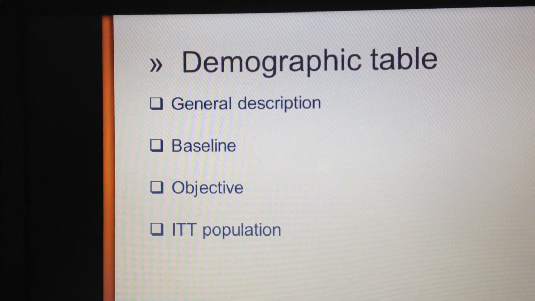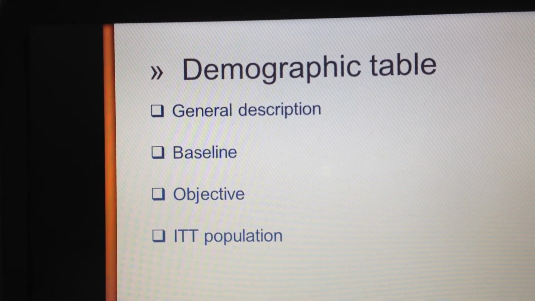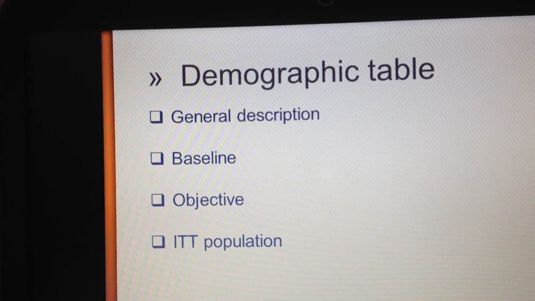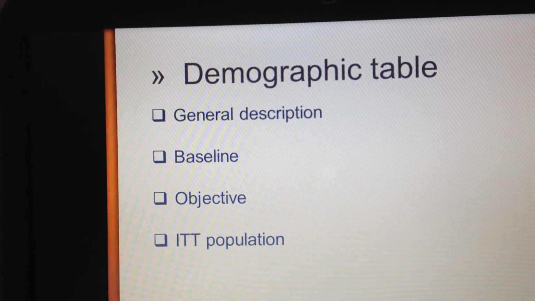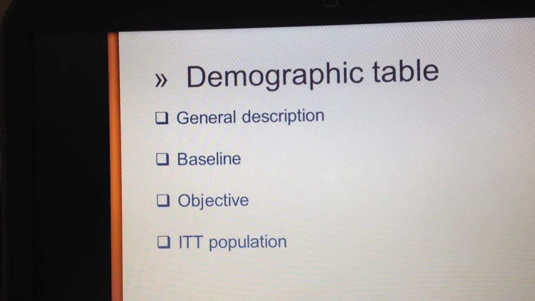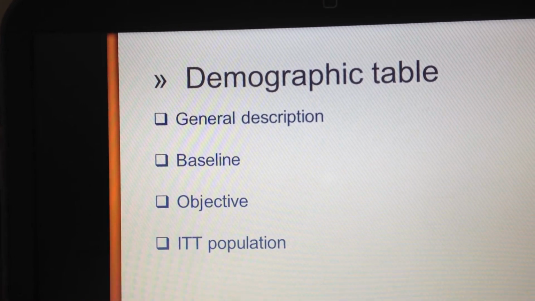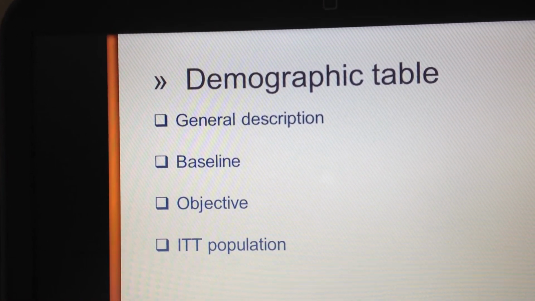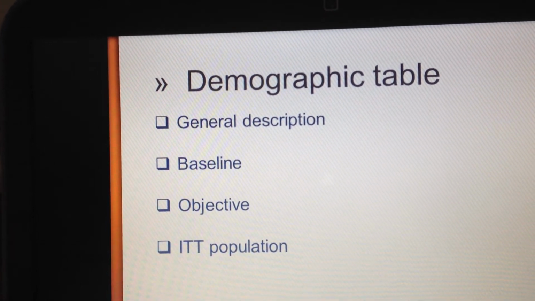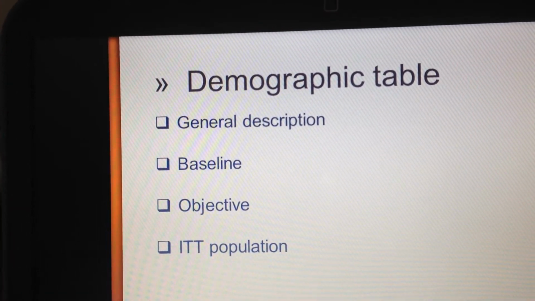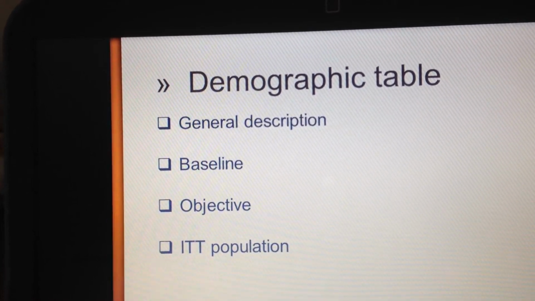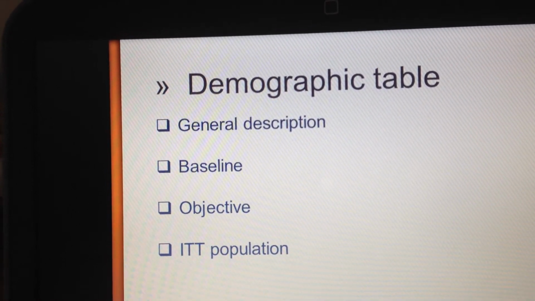Theoretically, ITT population includes all patients who take at least one dose of study medication, while in practice, for analytical purpose, ITT population is usually defined to include all randomized patients who take at least one dose of study drug and have at least one post-baseline efficacy measurement.